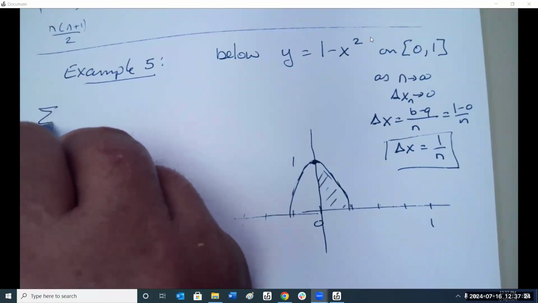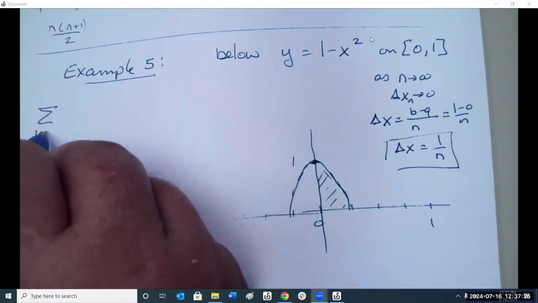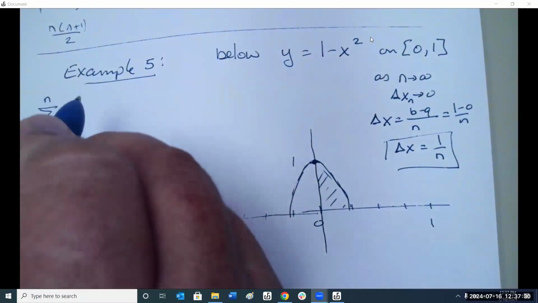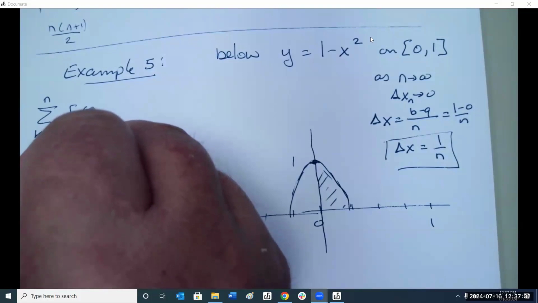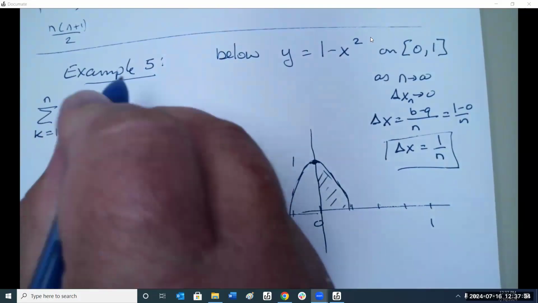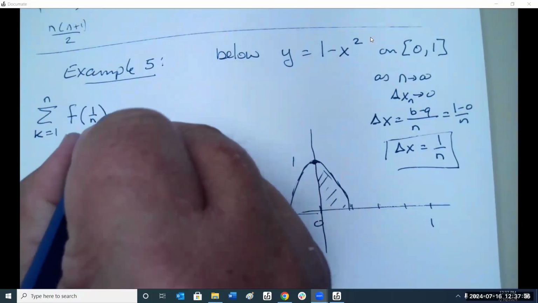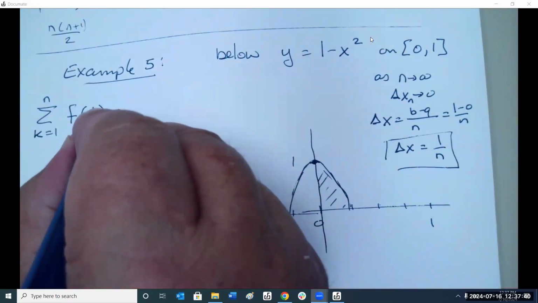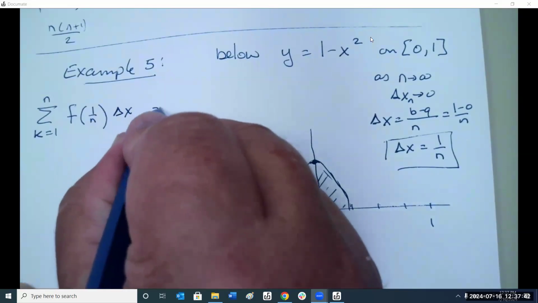So our summation will have to be 1 over n, because that's how many intervals we have. These are all our intervals, times delta x.